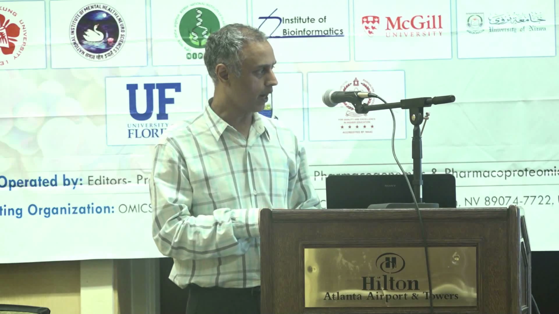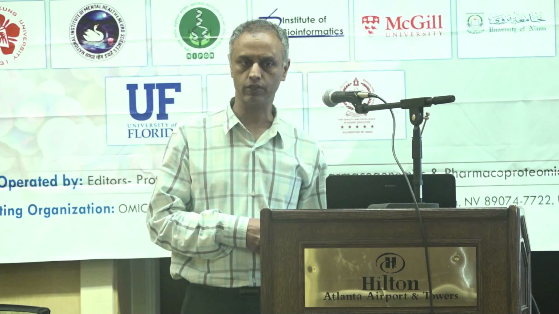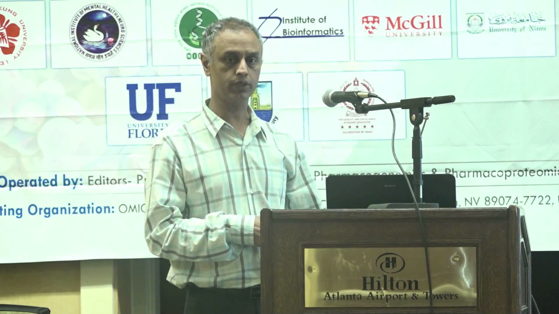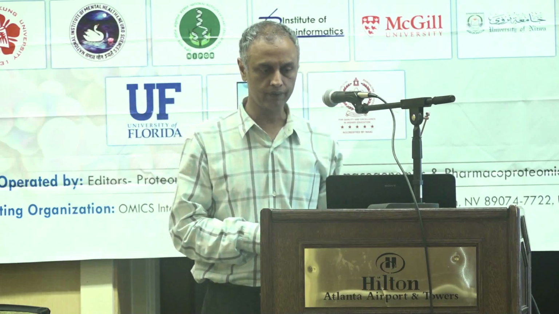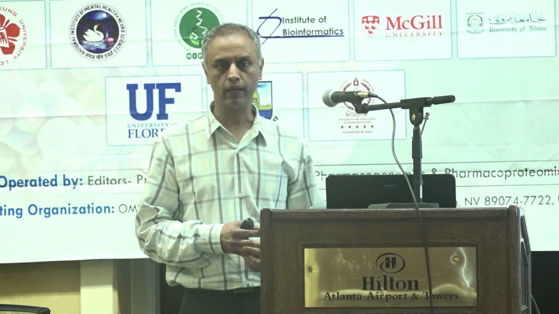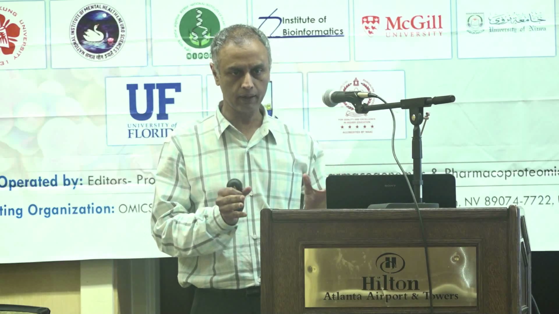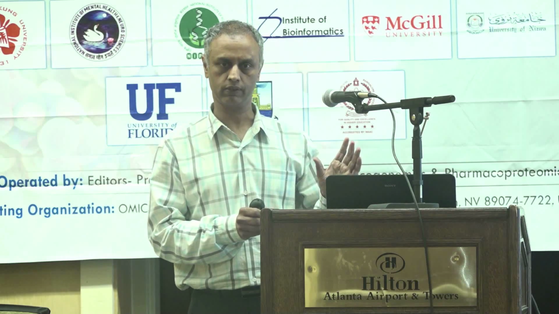So we have, of course, identified many of the known mutations that confer resistance, but we have also identified new mutations. So this is one of the issues where anytime you use an array-like platform or a panel, you can only look at a few mutations.